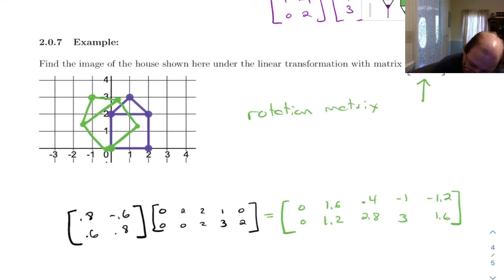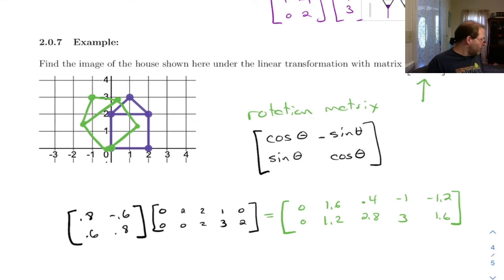The way those work is you have cosine theta here and here. And then you have sine theta here, negative, and sine theta here, positive. So in this example, we used the angle that has a sine or a cosine of 0.8. Let me grab my calculator.